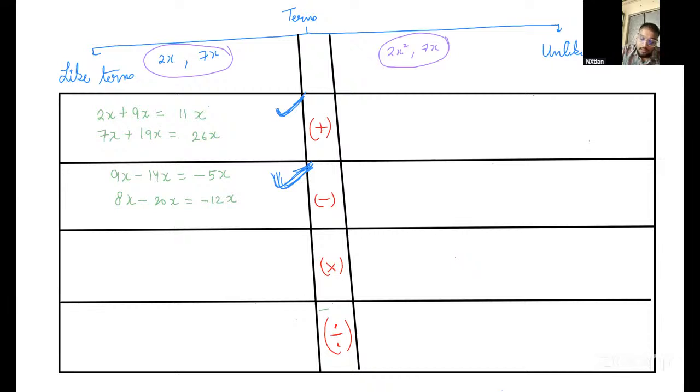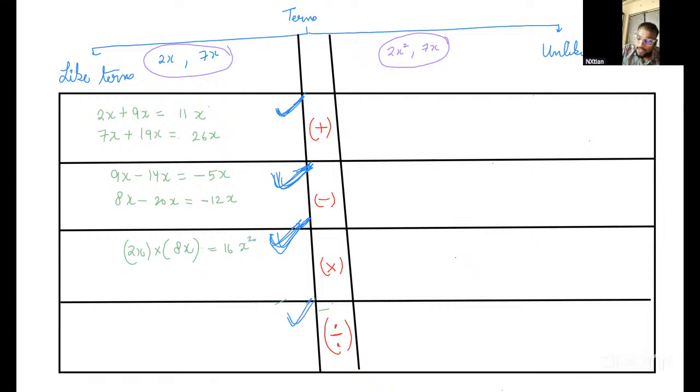You can multiply like terms also. How? If I multiply 2x by 8x, 2 will multiply with 8, it becomes 16, and x will multiply with x, it will become x square. Understood? Everyone?